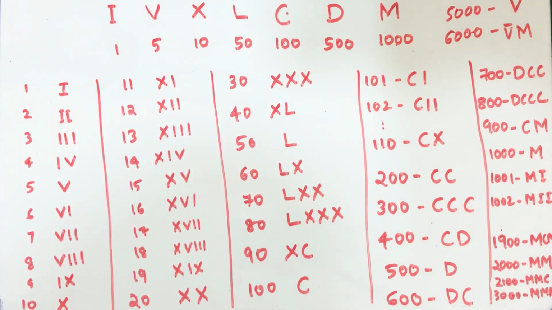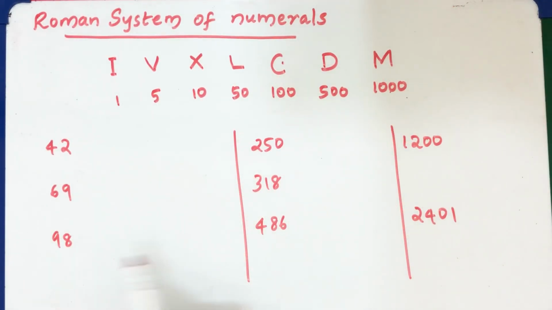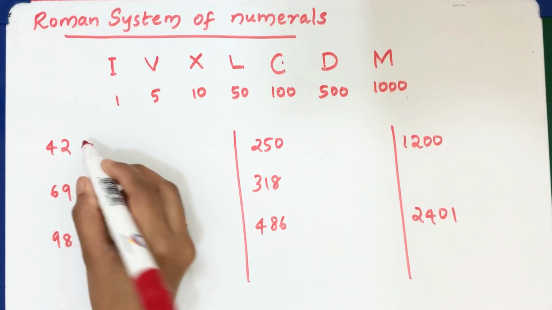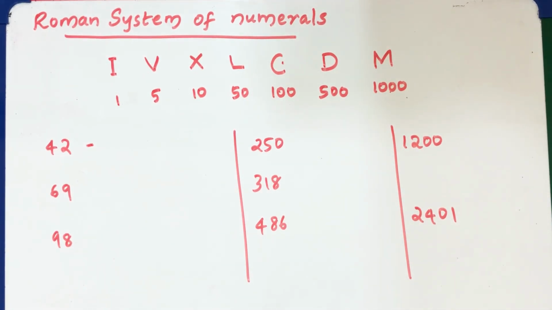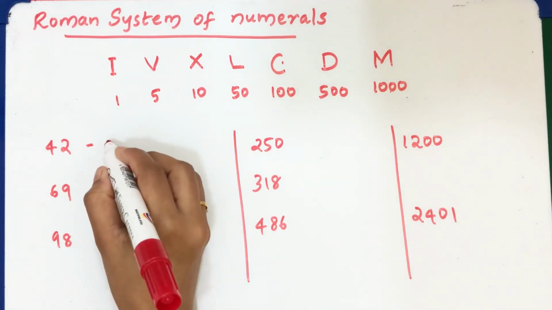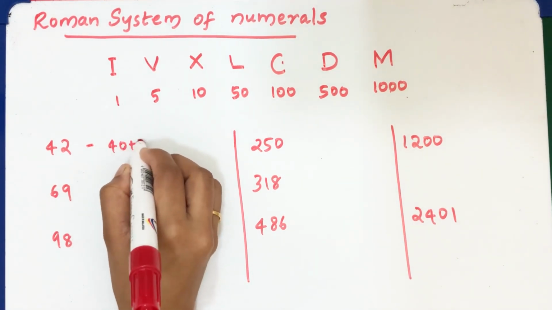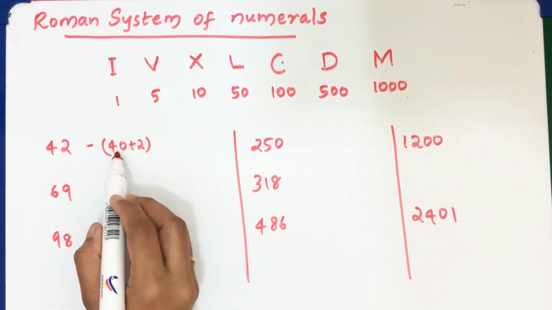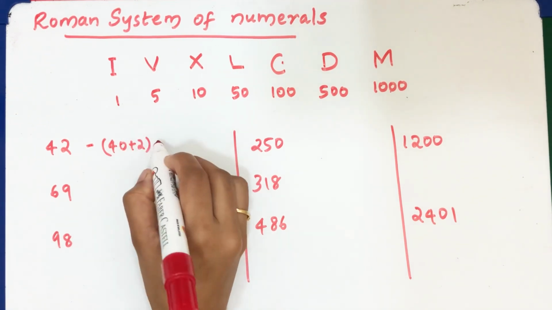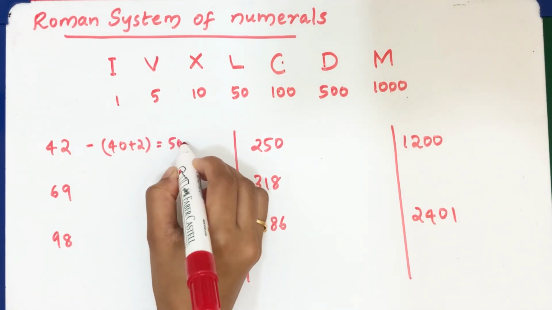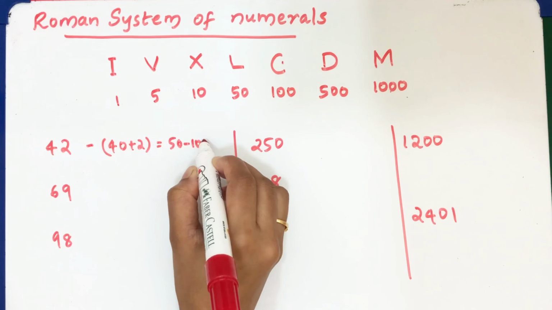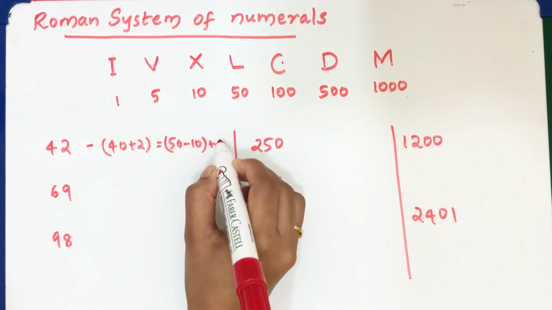We can see some more examples. Try to read and write. Try to write these numbers by yourself. See 42. How to write 42? 42 is 40 plus 2. Then 40 is 50 minus 10, plus 2 is 1 plus 1.